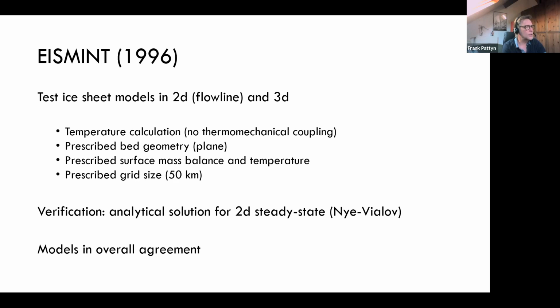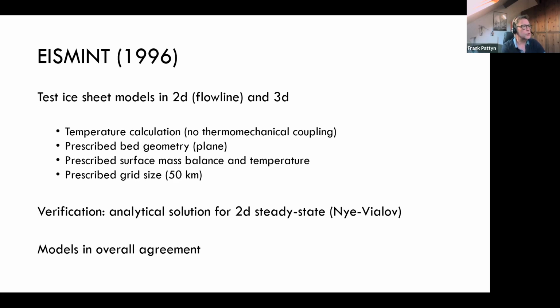It looked at an ice sheet on a flat bed with a prescribed surface mass balance and temperature. That's typical if you want to do intercomparisons, but also a prescribed grid size that was rather coarse, because at that time computational facilities did not allow you to run so many things as you can do now. Now you can run this experiment easily on a smartphone. It also had the temperature calculation, but without a coupling.